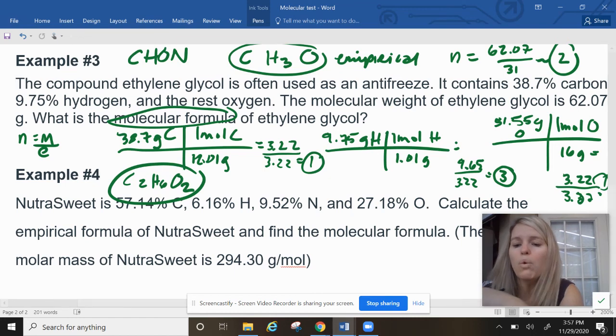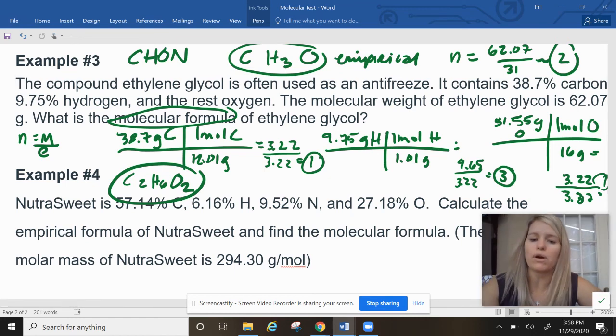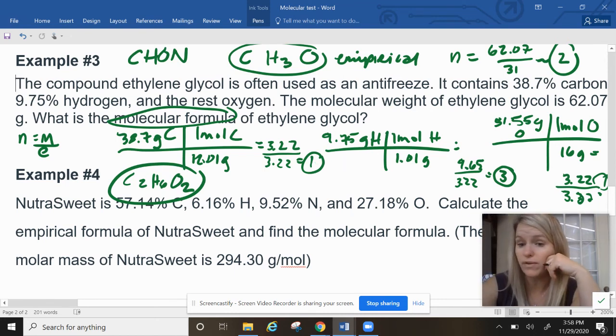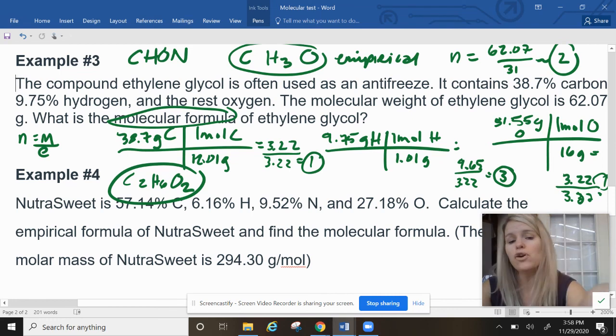All right, one thing I want to tell you real quick before I let you go to try example 4. Sometimes it doesn't work out exactly. It's fine if you get like a 1.01 or 1.11, but what if you were to get like a 1.5?